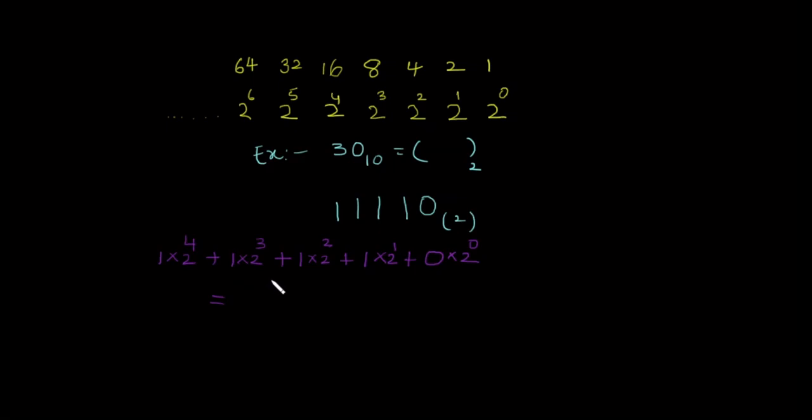So 2 power 4 is 16, 1 into 16 is 16, 2 power 3 is 8, 8 into 1 is 8, then 4, then 2, then 0, which is nothing but 30. So friends, this is a very simple and standard method of representing decimal numbers in binary form.